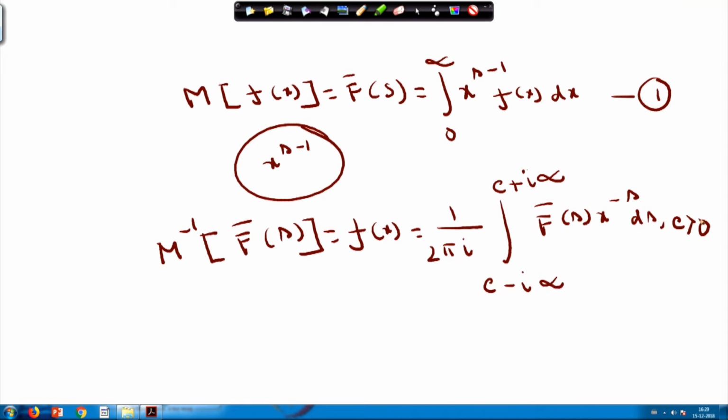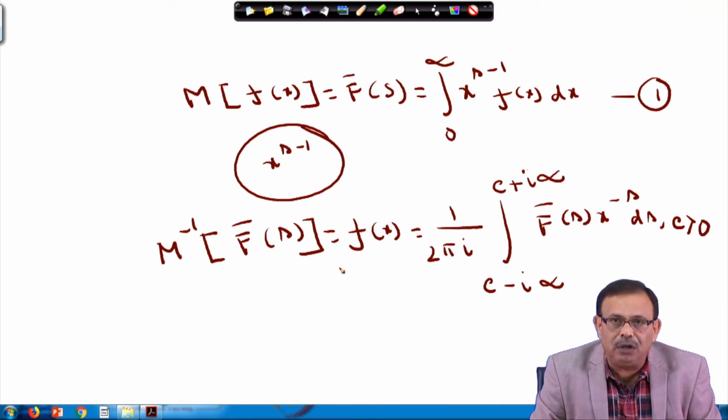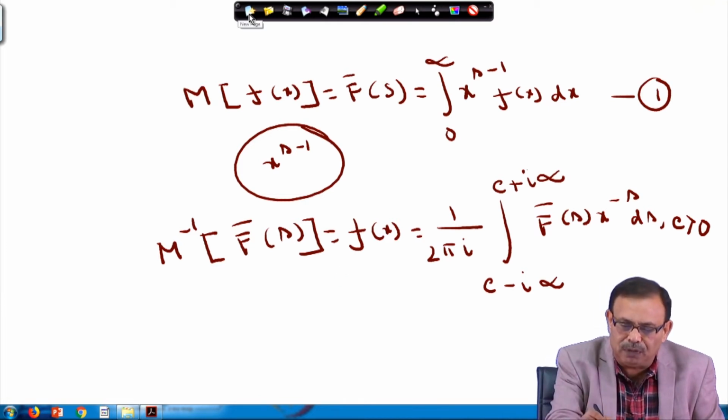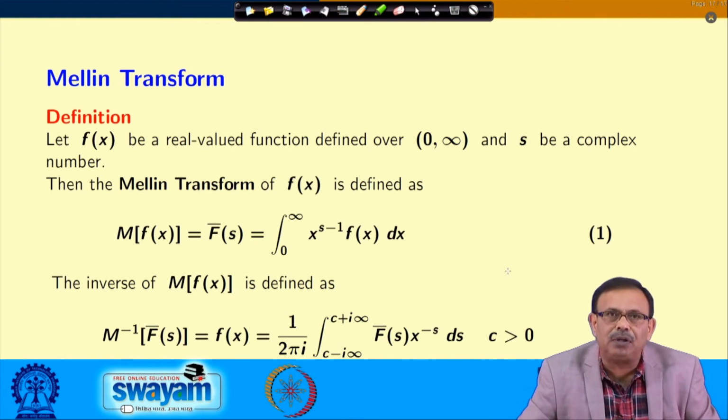So, this is the definition of the Mellin transform and the inverse Mellin transform, and using these definitions we will see how to find the Mellin transform of some functions and what properties are available. This I have already told.